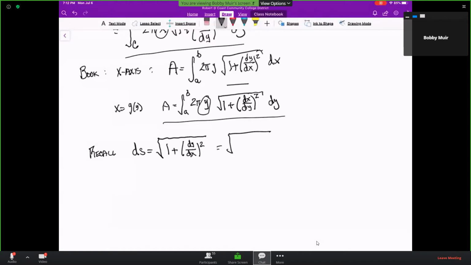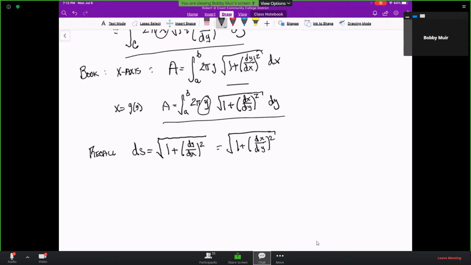It could also be expressed like this. And do you remember my reasoning? No matter how you look at it, the length is the length is the length. It's not going to change. Okay?